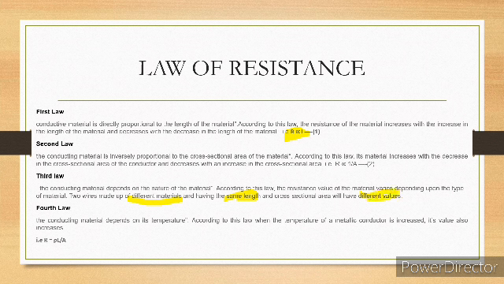Next, the fourth law states that the resistance of a conducting material depends upon its temperature. So the resistance differs depending upon the temperature. According to this law, when the temperature of a metallic conductor is increased, its resistance value also increases.